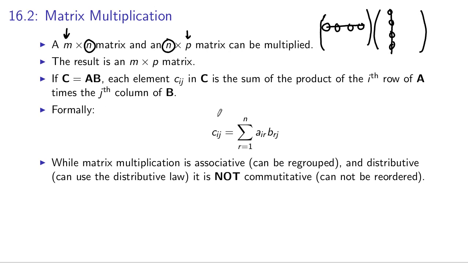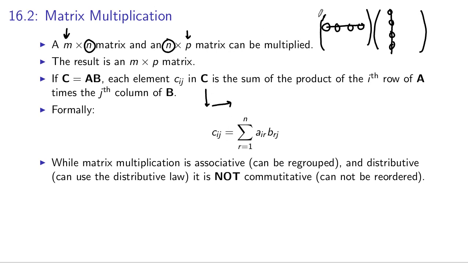So formally we can write C sub ij, so the ith row, jth column. Remember, it's always row, column. Goodness, I did that backwards. The rows go up and down. Row, column.